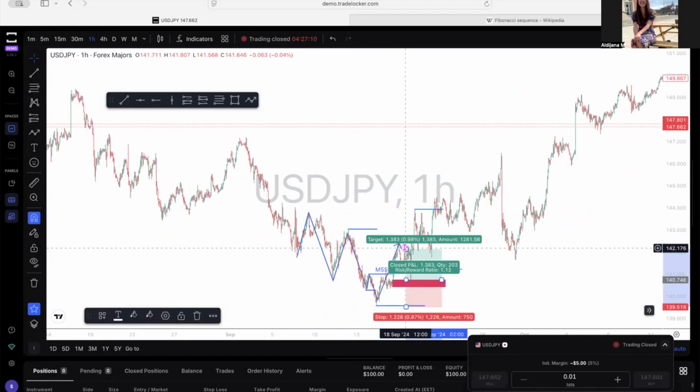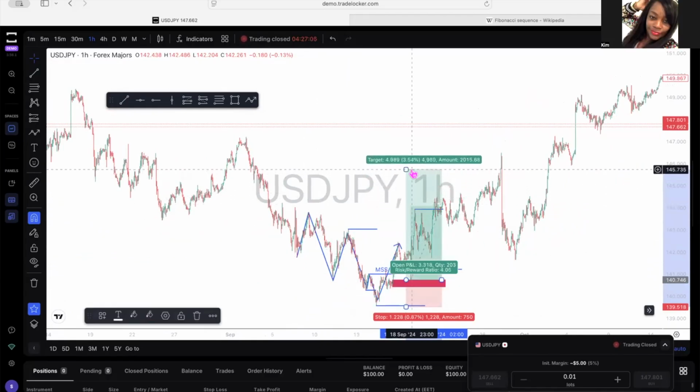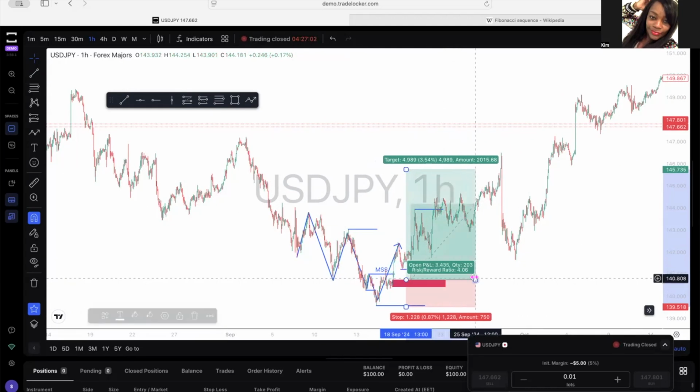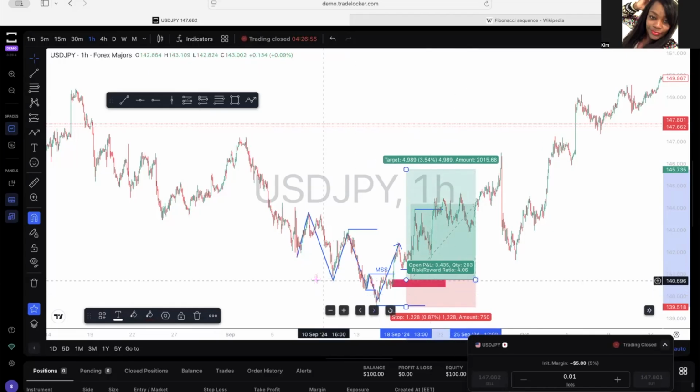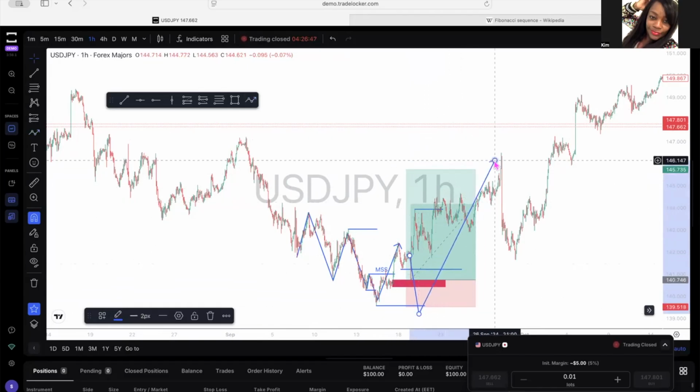And what exactly does that do? Can you maybe explain a bit? It protects you from getting stopped out by the market makers coming to stop you out, because they can easily come stop you out with a wick and then keep buying.